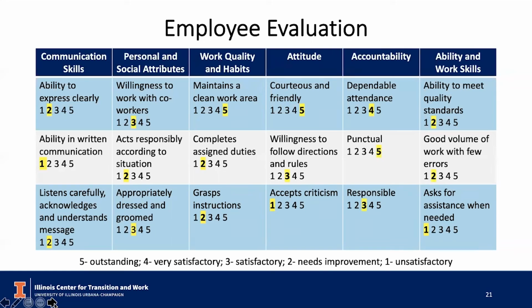In the first column, you'll notice that the student received a 2, which means it needs improvement. And then the ability in written communication is unsatisfactory. So if you'll notice, these are things that tell you that these specific skills need further targeting.